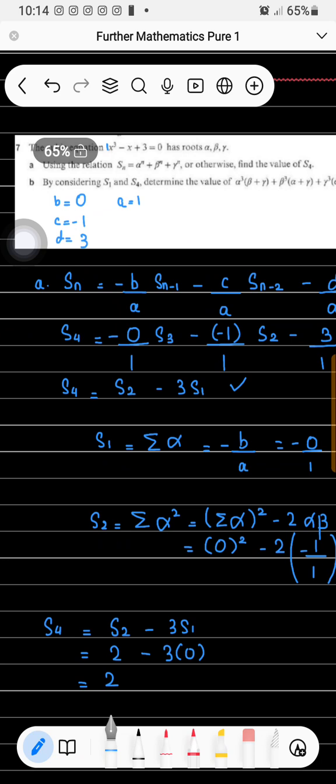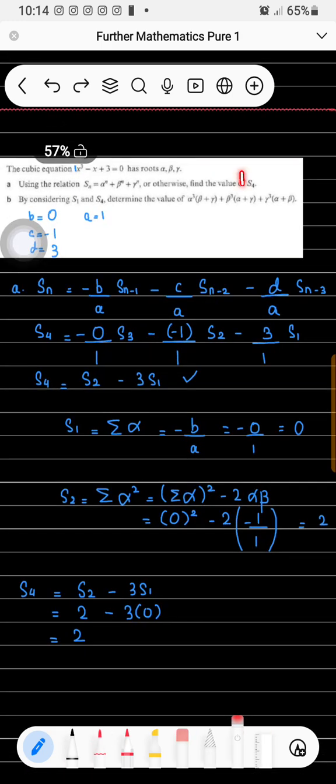Now let me give you an overview. In this question, we have to find S4. I said when we have to find S3, S4, or when n is greater than 2, we will use this formula: Sn is equal to negative b upon a Sn minus 1, negative c upon a Sn minus 2, negative d upon a Sn minus 3.